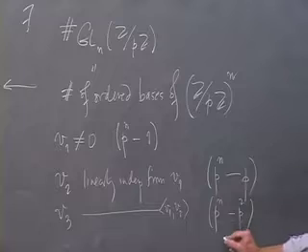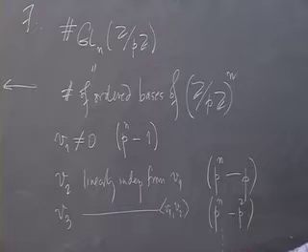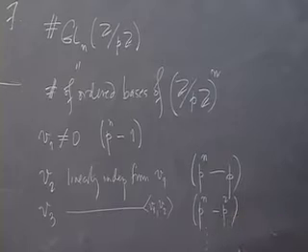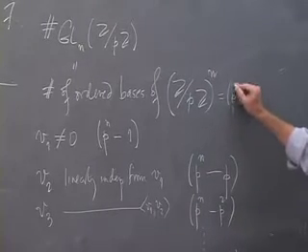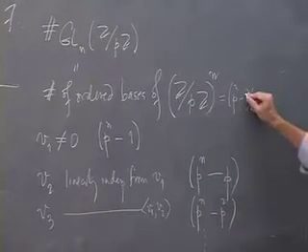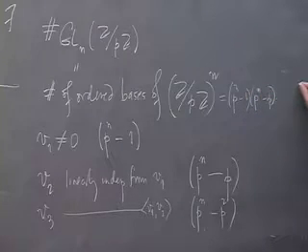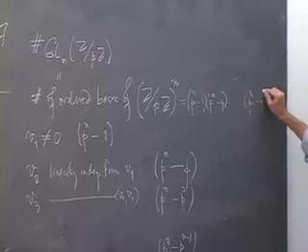We keep going down, and the last basis vector has p^n minus p^(n-1) choices. So the total number of bases is the product of this number of choices times this times this. So it's (p^n minus 1)(p^n minus p) down to (p^n minus p^(n-1)).